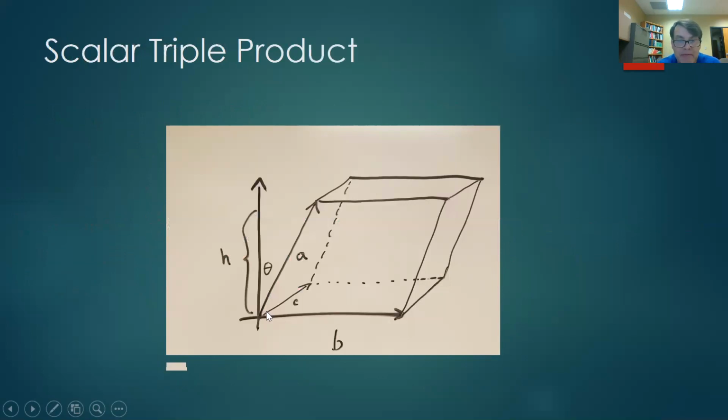So here we have three vectors, vector A, vector B, and vector C. And so what is going to be the area of this bottom parallelogram?